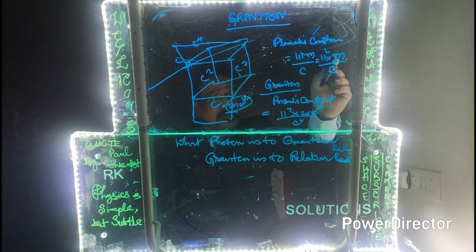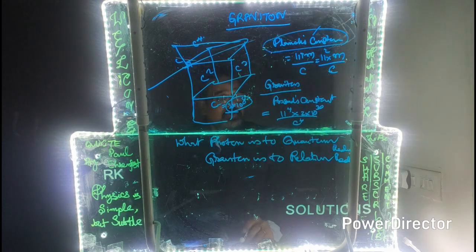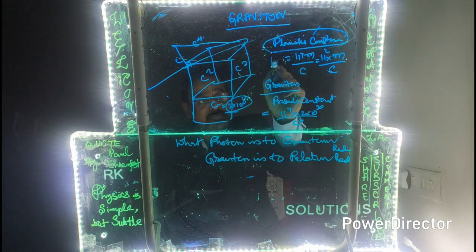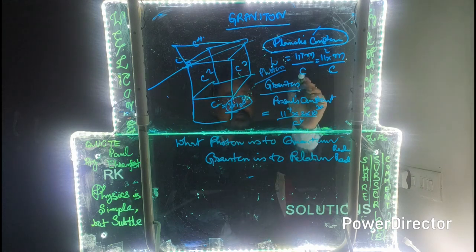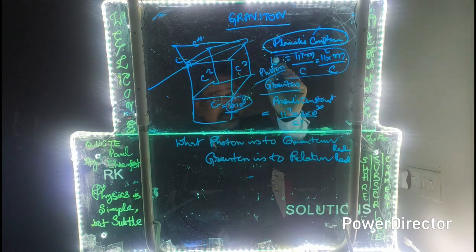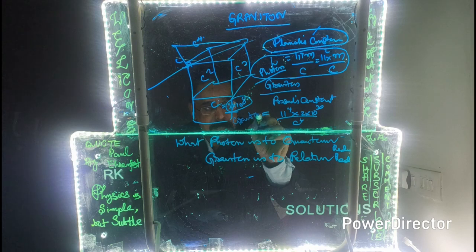So here this was Planck's constant, meaning photon. This was photon, right? Each photon is this much. So this is graviton.